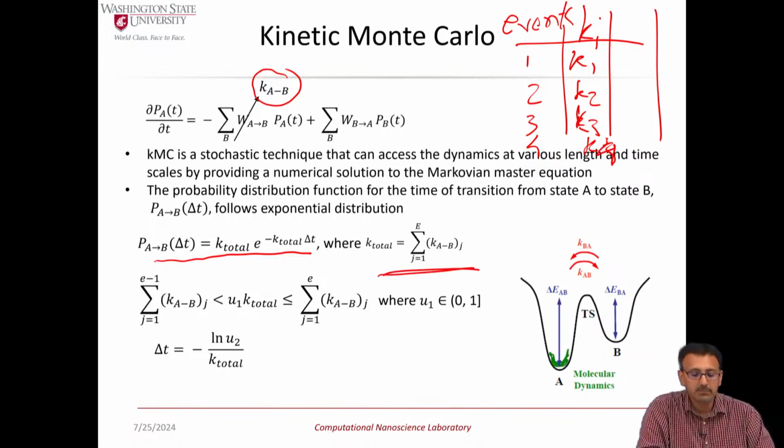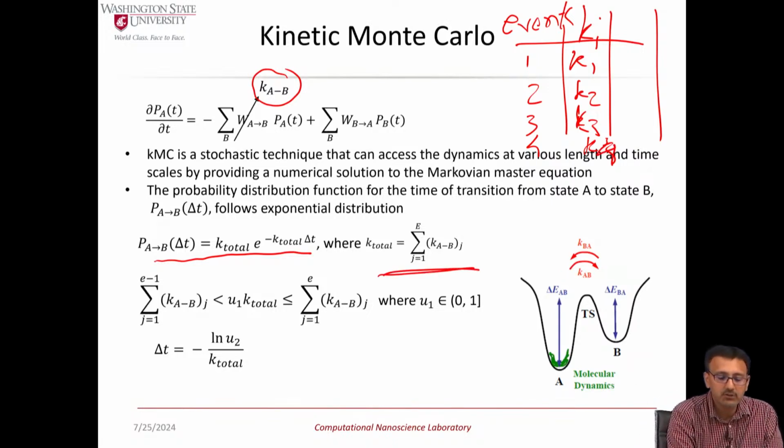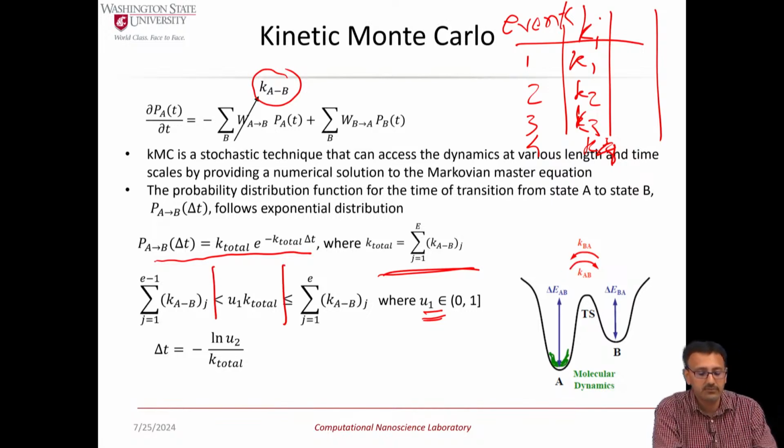Okay. The process is, once you have the cumulative function, you draw a random number. In this example, we are calling it, let us say, u1, between 0 and 1, and it is not normalized. So, you multiply it with the total transition rate, which makes it fall between 2 specific events, e minus 1 and e.